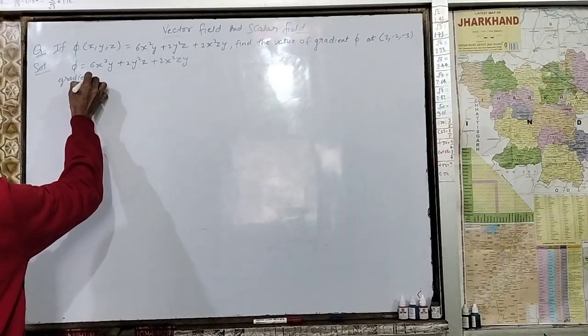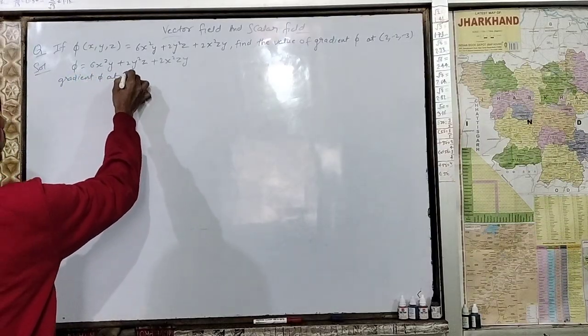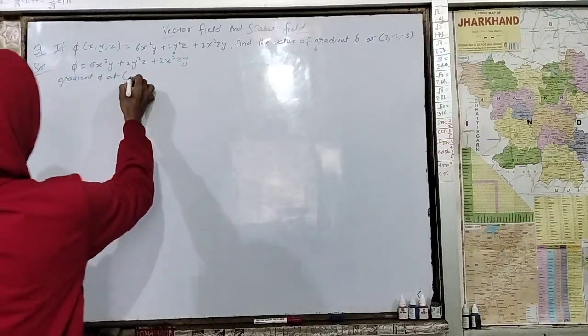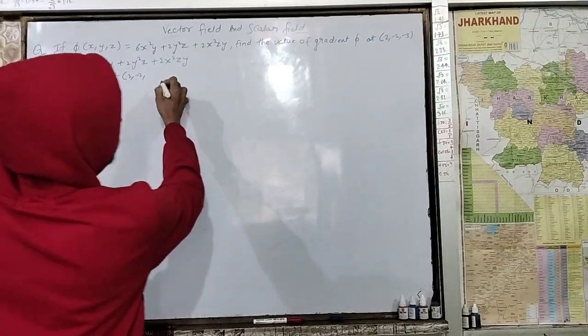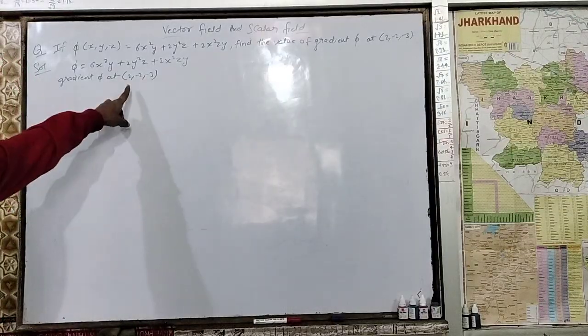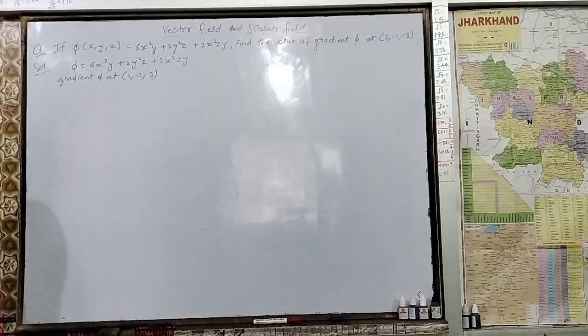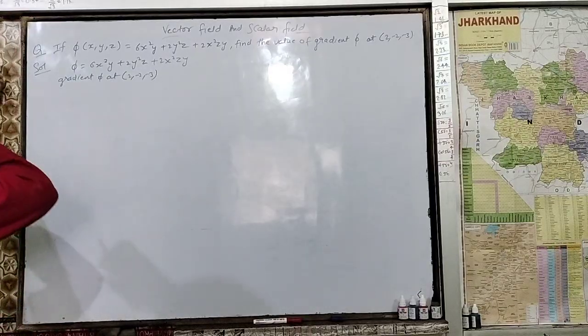Gradient phi at 2 comma minus 2 comma minus 3. Hence x is 2, y is minus 2, and z is minus 3. Got it?